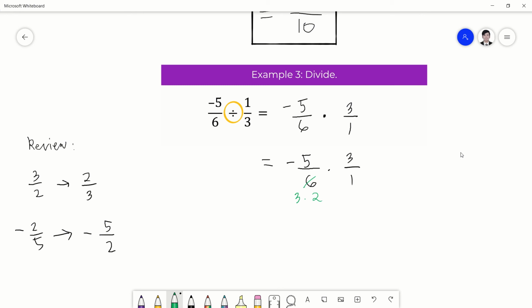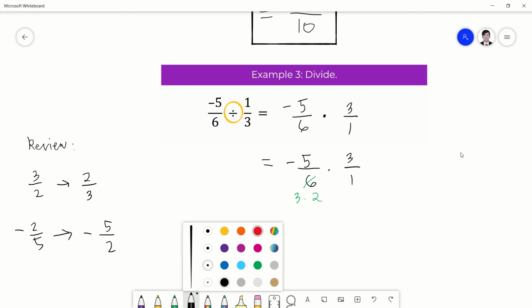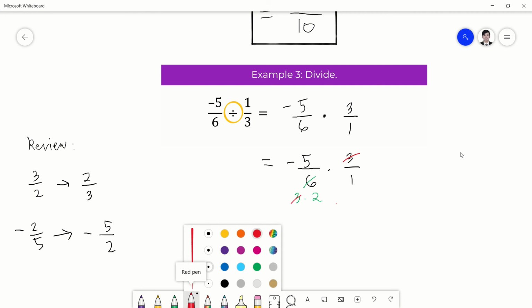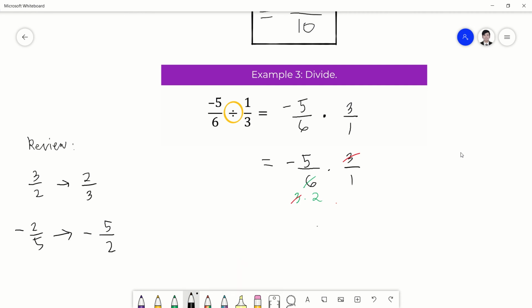If you notice, this is the rule in simplifying fractions. If there is a common factor in the numerator and denominator, we cross it out or cancel it out. So both the numerator and denominator have 3. That means you cancel out the 3. And whatever is left, that's what you need to multiply.